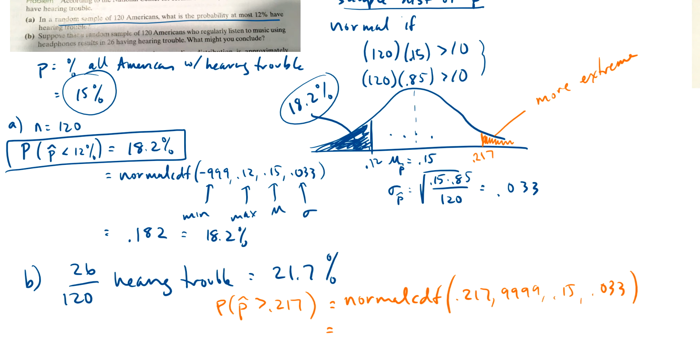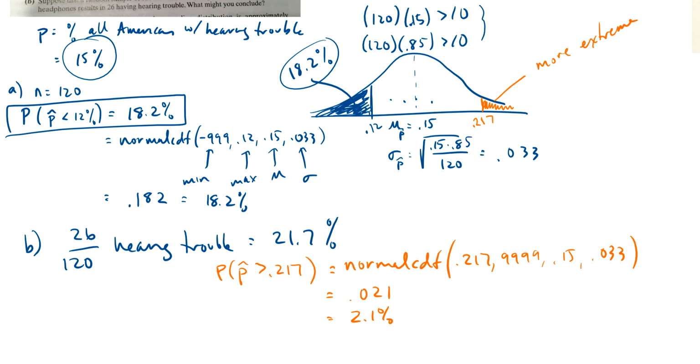And so if I do that, I get 0.217, 9999, 0.15, 0.033, and I get 0.021, which is 2.1%. So I've got a 2.1% chance of randomly selecting people and having over 21% in that sample that have hearing troubles.